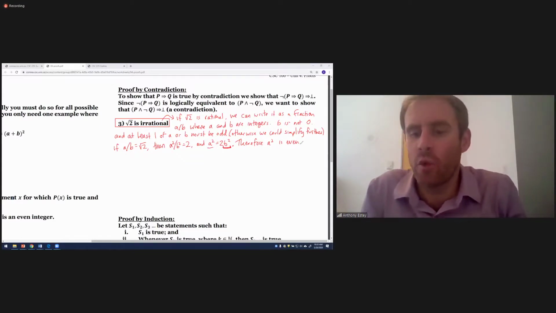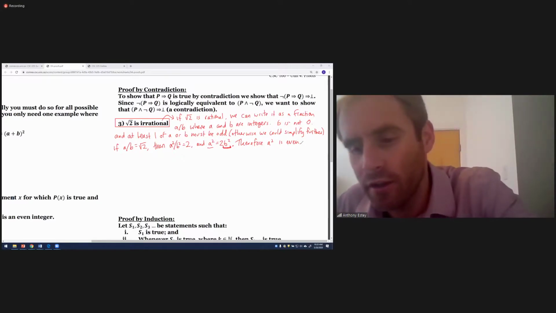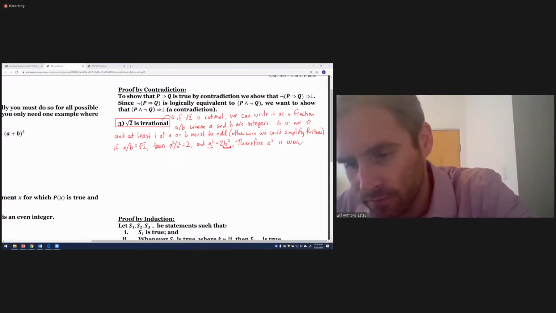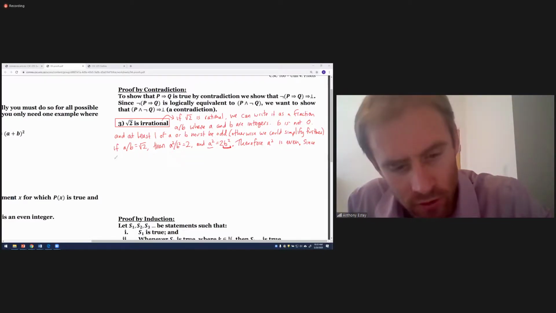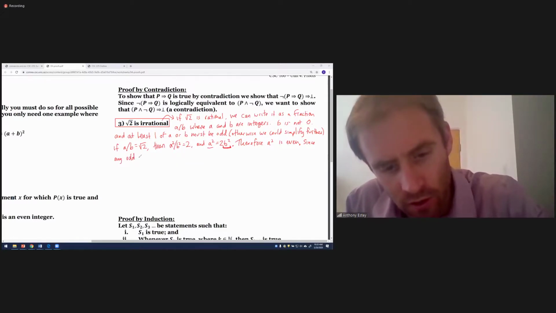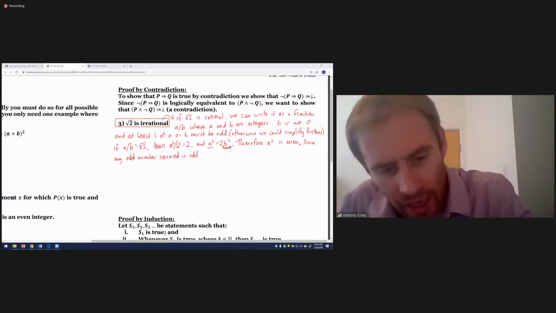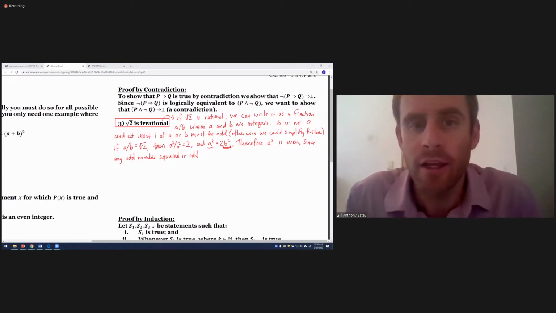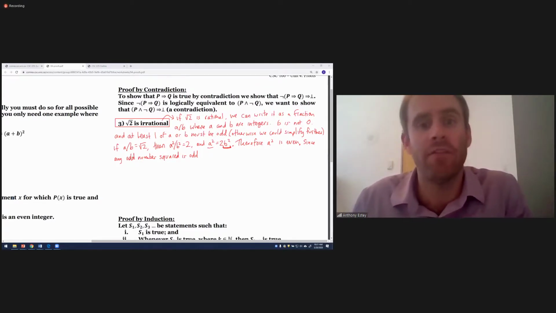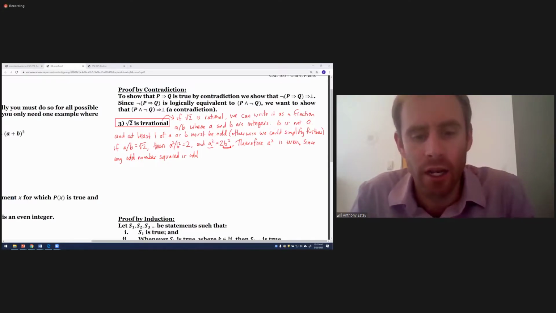We also know that the square of any odd number is odd. So for any odd number, 3, if we square it, it's 9, which is also odd. 5, 25, also odd. 7, 49, also odd. 9, 81, also odd.